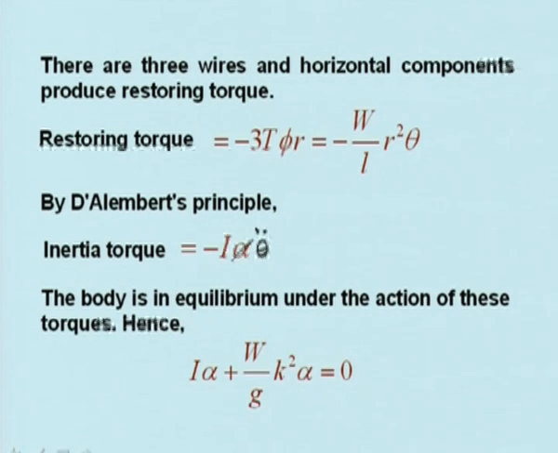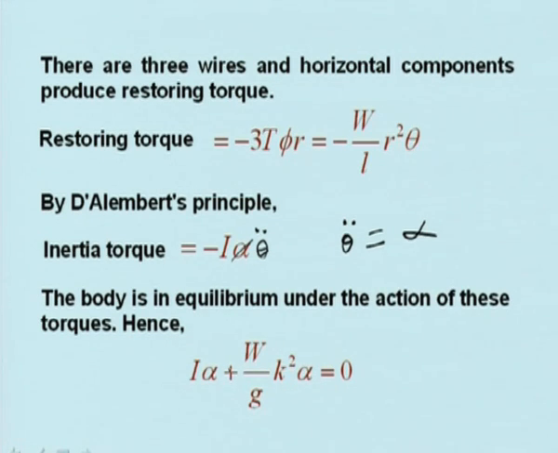You know that theta double dot is basically the same as angular acceleration alpha, so this is just a difference in notation.